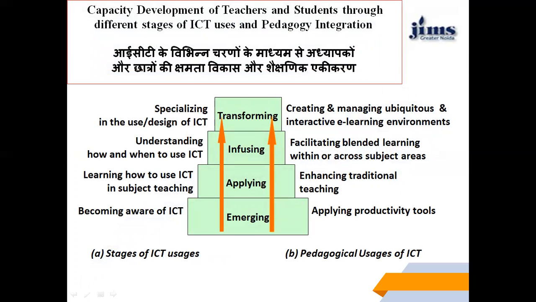Number one is emerging. This picture clears two very important aspects of ICT.